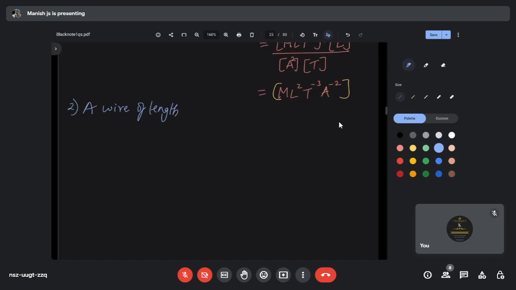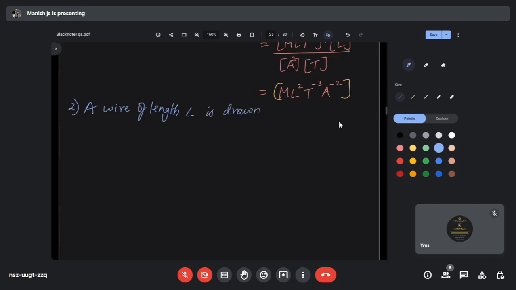A wire of length L is drawn such that its diameter is reduced to half its original diameter.